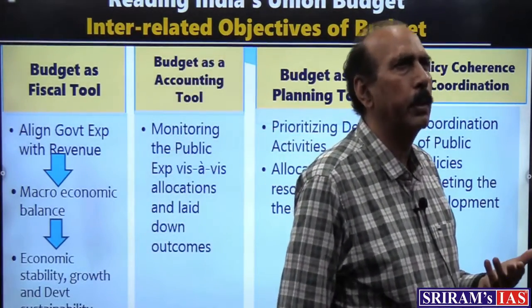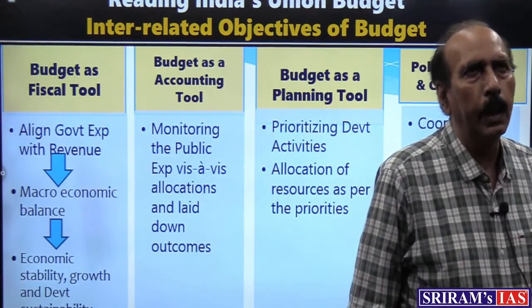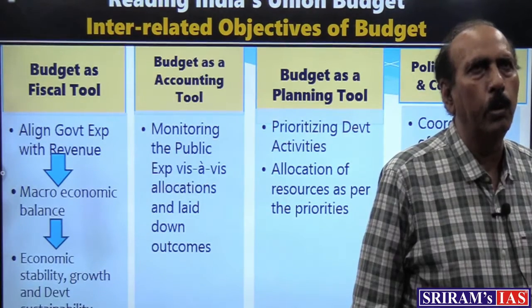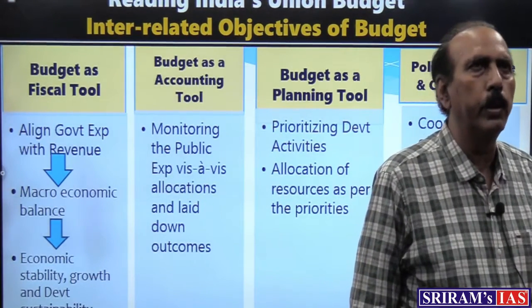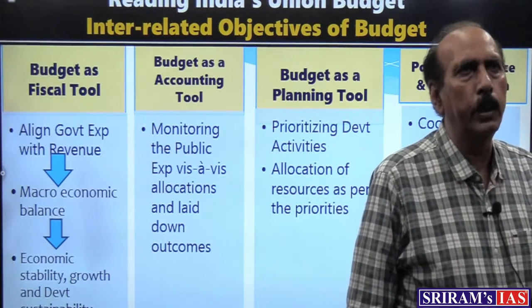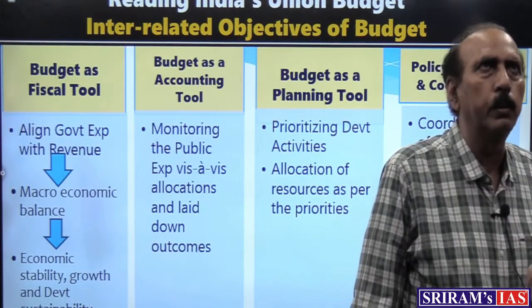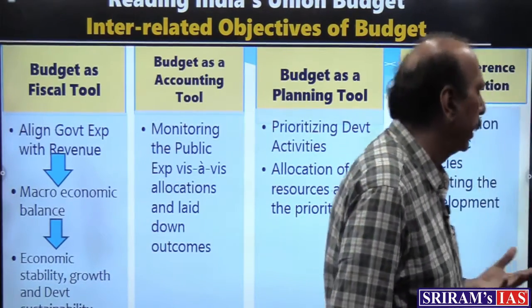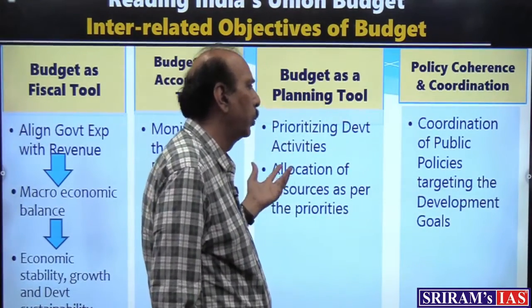Suppose this year the budget makes the highest allocation for railways, or out of capital expenditure, the highest allocation for railways and highways. The government priority for developing adequate infrastructure is reflected through the budget. That's why it is also used as a planning tool.